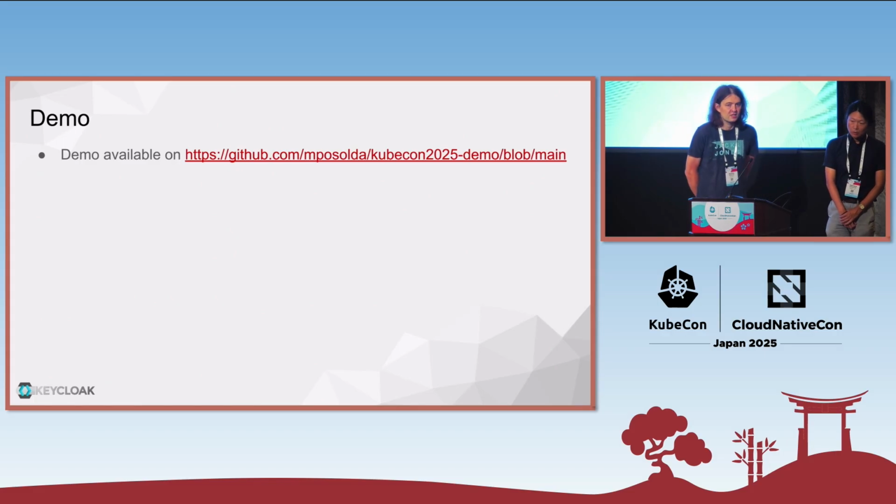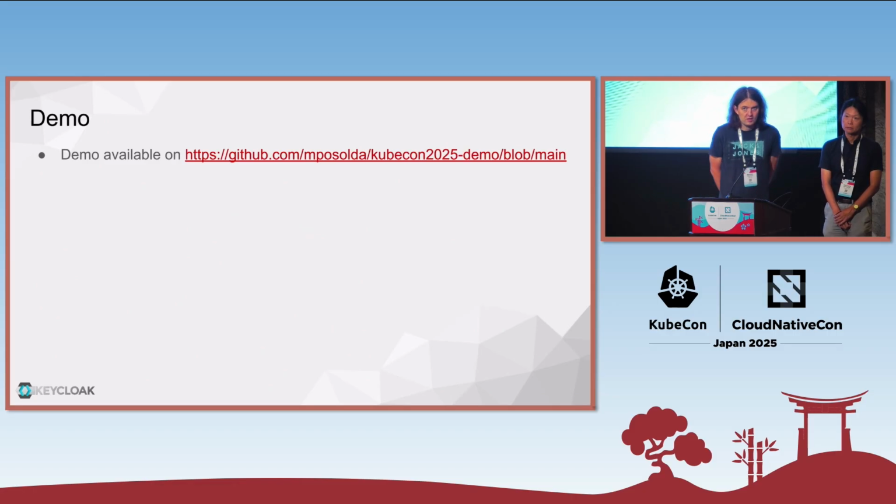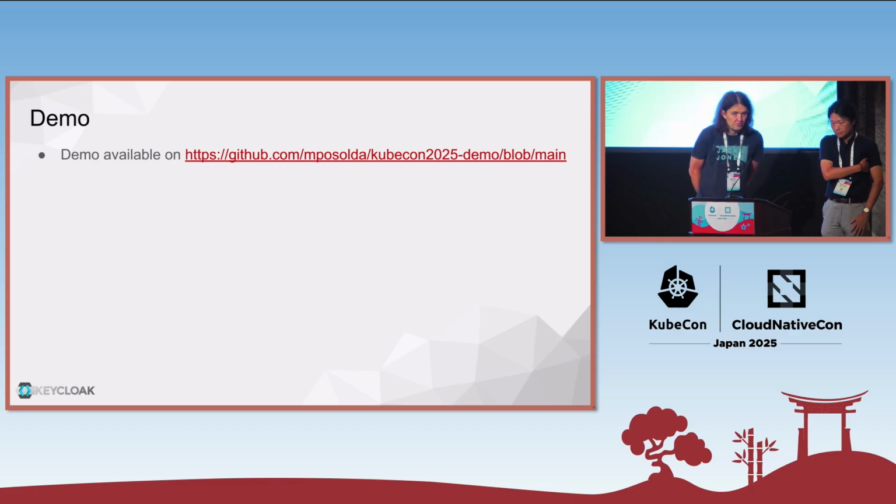Yeah, so if you already have your user database, that's something Keycloak can solve, because Keycloak has support for something called user storage. That's what Takashi also mentioned in the presentation.